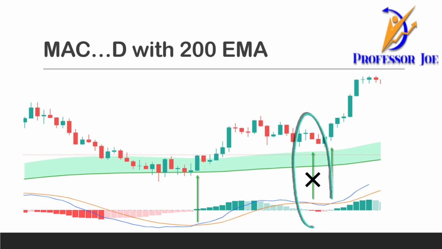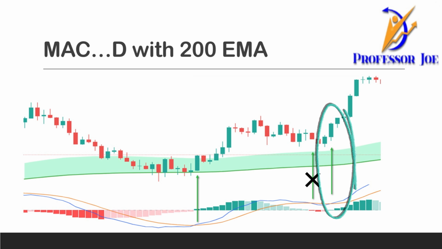So you avoid that. And the third signal is another good signal because the dynamic support and resistance is still in green color. That means the trend is buy, and the MACD is giving you a signal to buy. So what happened? You have filtered out the bad trades and you have entered only into the good trades. By doing this, you are making sure that you are only entering into good trades.